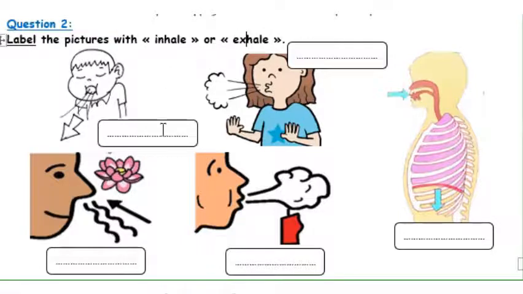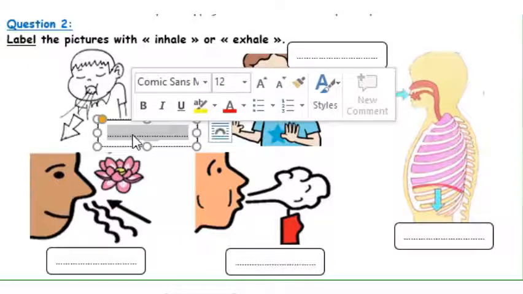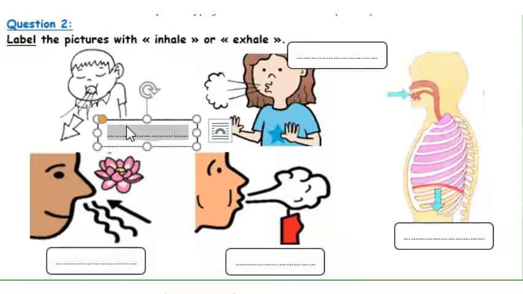Okay, let's look at the first picture. As the arrow shows, the boy is breathing the air outside of his body, right? Is he inhaling air or exhaling air? Exhale, right? Exhaling air is breathing it outside the body.